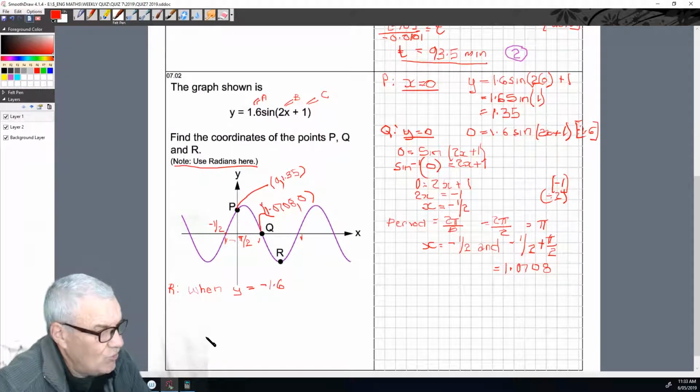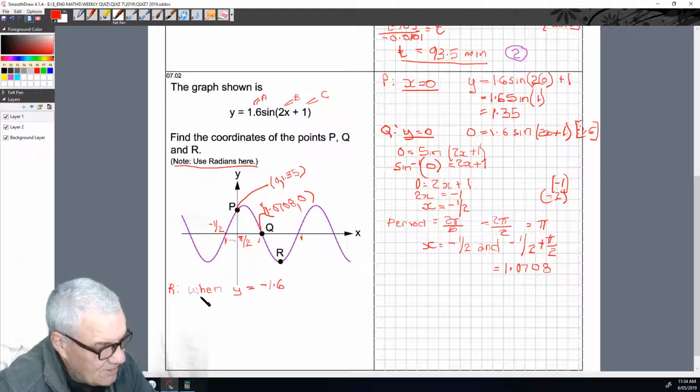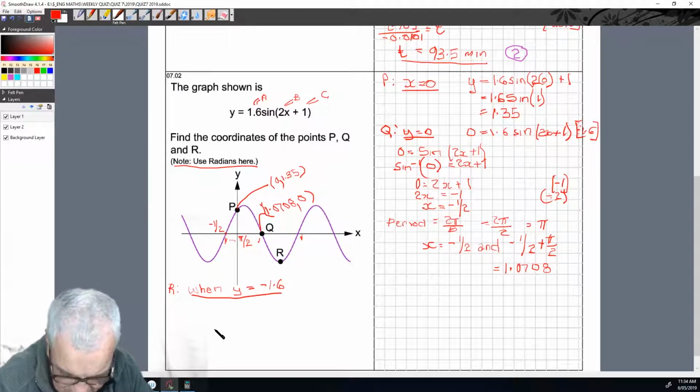That's the amplitude, isn't it? Yes, it's got to be.